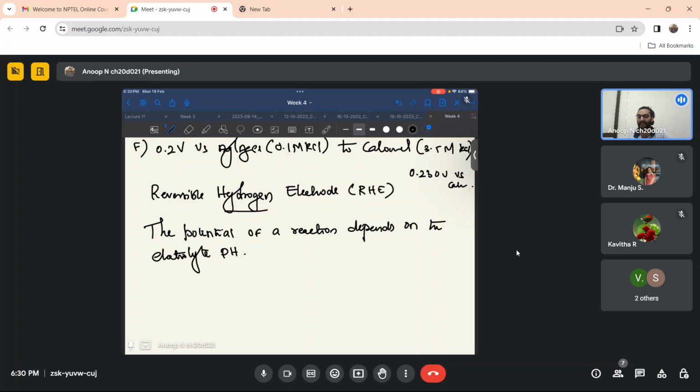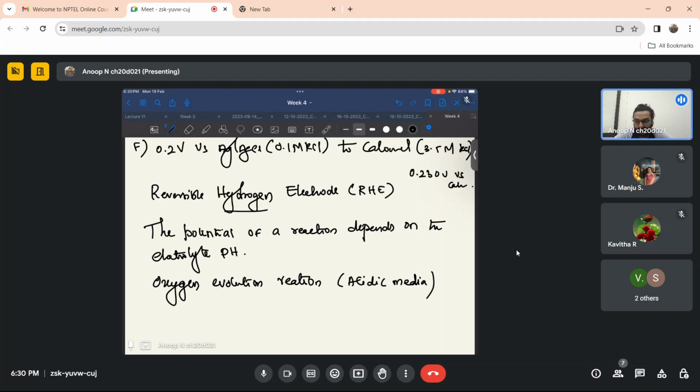How? Let's take a reaction like the oxygen evolution reaction. How can we write the oxygen evolution reaction in acidic media?